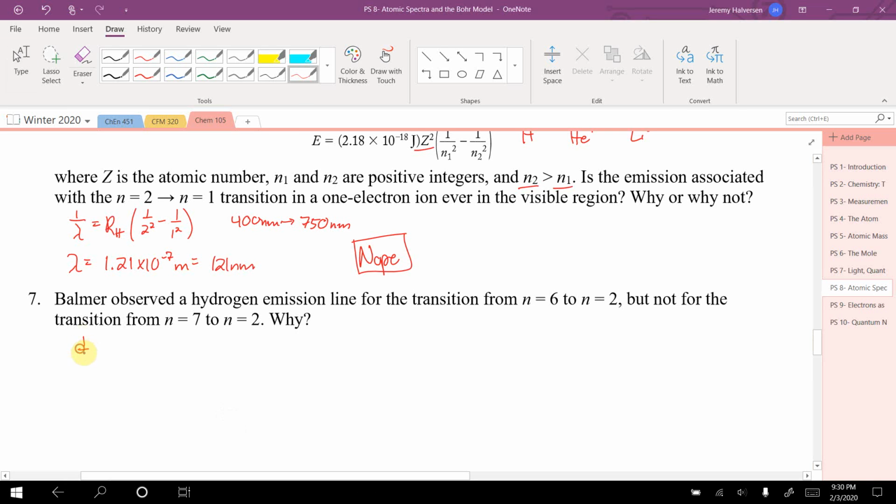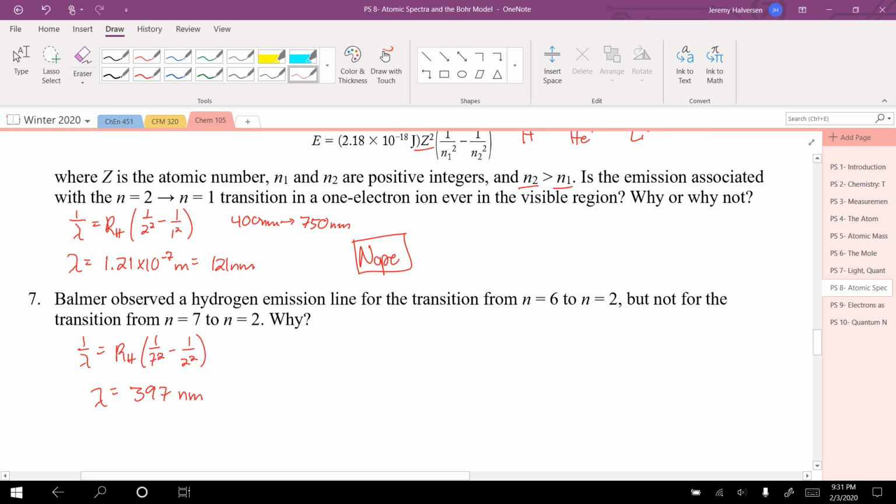But if we do 1 over wavelength equals RH times 1 over 7 squared minus 1 over 2 squared, we get a wavelength of 397 nanometers.